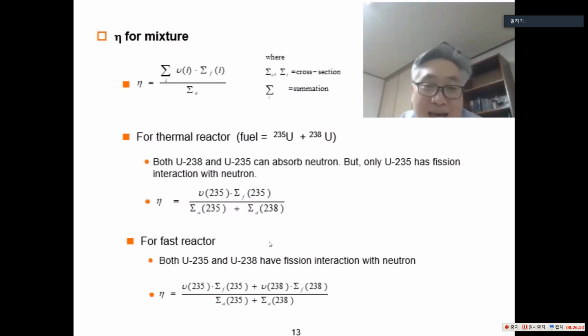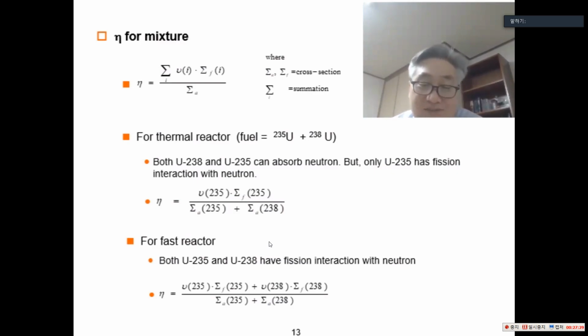In this case, neutron absorbed by fuel means the absorption cross-section of 235 and the absorption cross-section of 238. So that is neutron absorbed in the fuel, and neutron produced from the fuel is nu 235 times sigma f 235. So in this way, we can calculate the eta for the mixture.